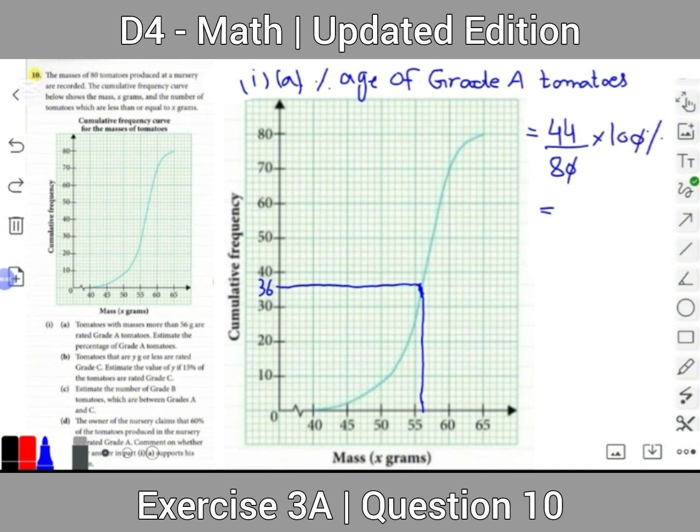Zero cancels out with zero, and here we have 440 divided by 8, which equals 55%. So there are 55% tomatoes with masses more than 56 grams.